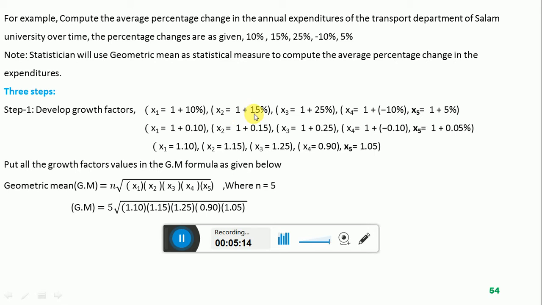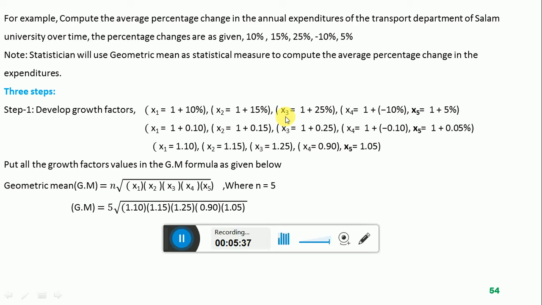1 plus 15%, where 15% is the percentage increase in the annual expenditures of the transport department at Salam University. To define the growth factor simply by adding 1 to this percentage change, we have x2 is equal to 1 plus 15%.